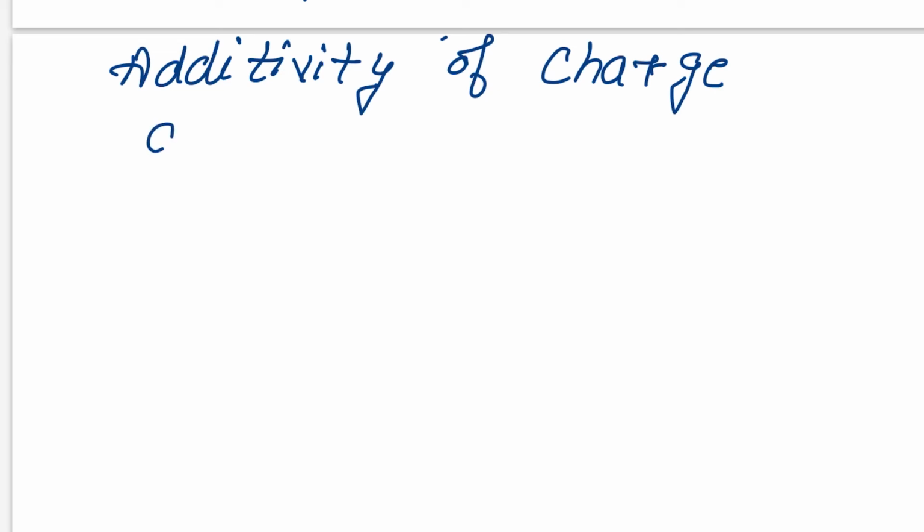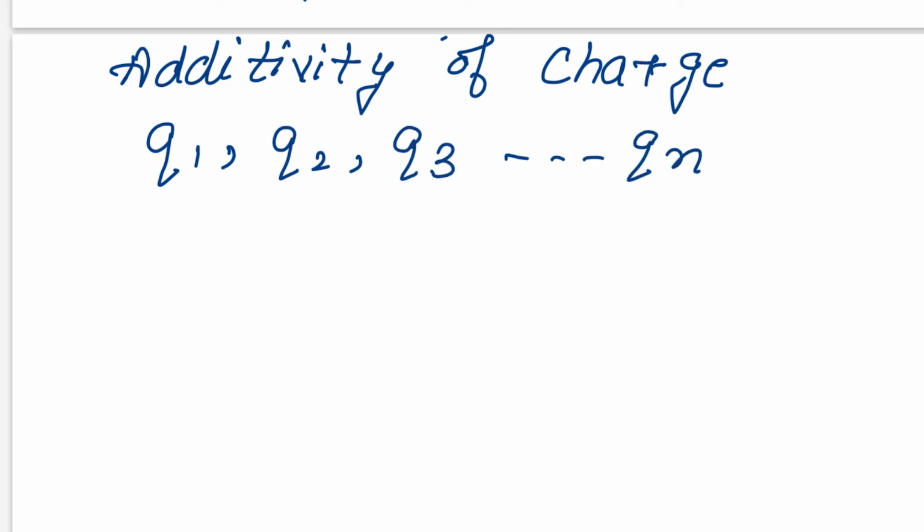Say the bodies have charges Q1, Q2, Q3 up to Qn. You can take a simple example that you have an enclosure, a box in which the charged bodies are there. The first body has a charge Q1, the second has a charge Q2, and the next has a charge Q3 and so on, right?